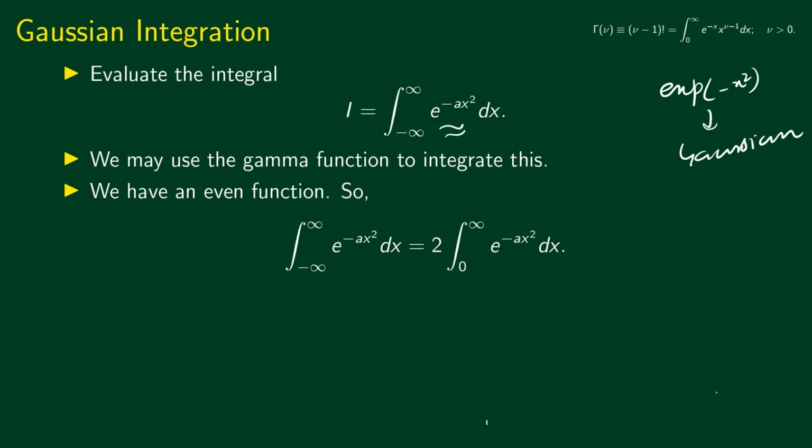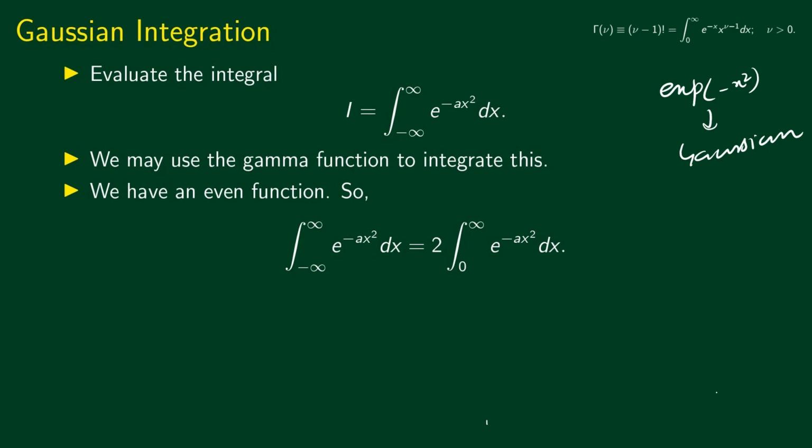We see that this is an even function because we have got an x square here. So for an even function, the integral from minus infinity to infinity can be written as twice the integral from 0 to infinity. So this is written as twice integral 0 to infinity e raised to minus ax square dx.